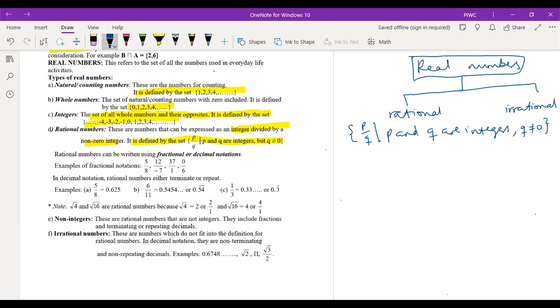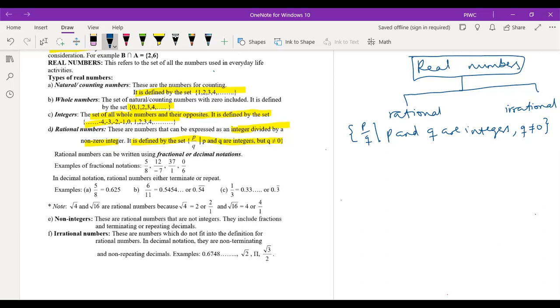Now, another way in which you can look at rational numbers is this. If you have a rational number and you change it to decimal notation, you have what we call repeating decimals, or decimals that terminate. Here is the fractional notation: 5 over 8, 12 over -7, 7 over 1, 0 over 6.